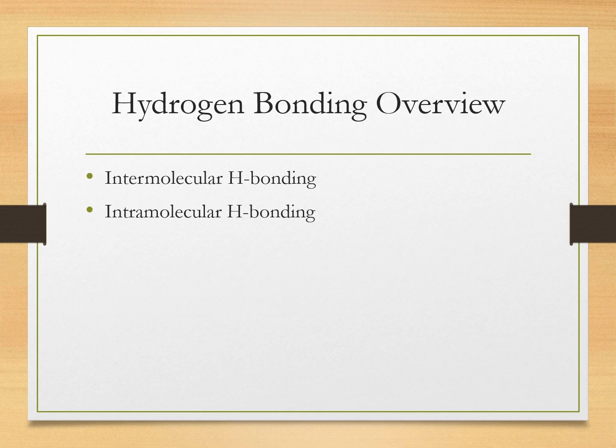Hydrogen bonding occurs in two main forms. One is intermolecular hydrogen bonding and the other one is intramolecular hydrogen bonding. The intermolecular hydrogen bonding exists between separate molecules.